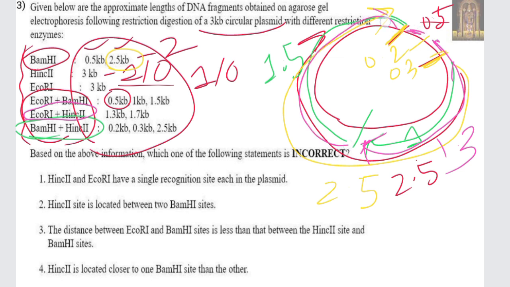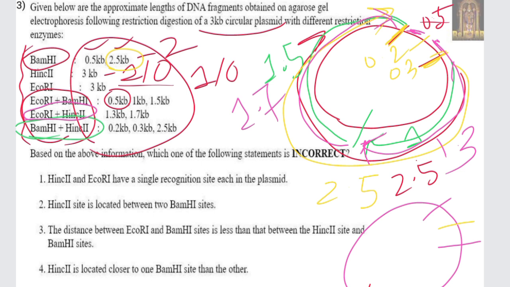So this is 1.7 kb now. So that means the structure should be like this, where this is the BamHI site, here in between there will be a HindIII site, and another side will be the EcoRI. So that should be the structure.